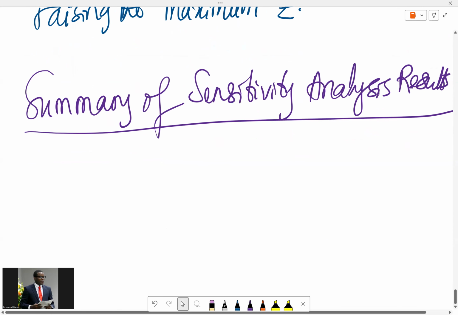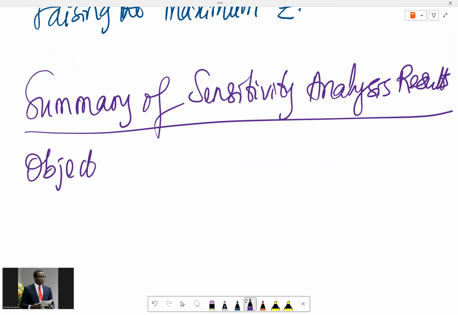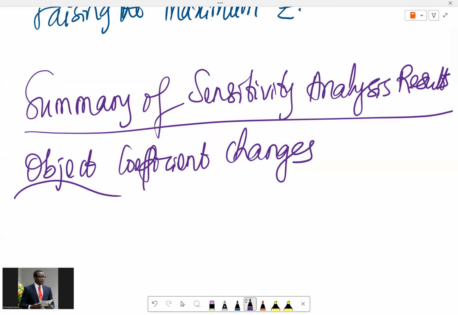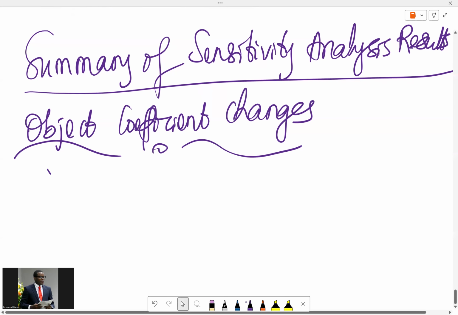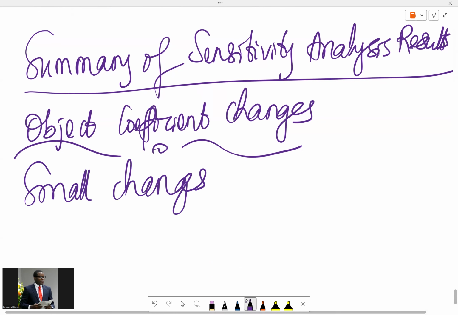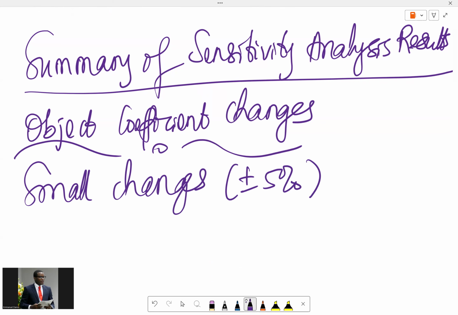So here, talking about objective coefficient changes, how does it affect anything? We see that small changes of plus or minus 5% in the objective coefficients do not alter the optimal weights W1, W2, and W3. Plus is increasing by 5%, minus is decreasing by 5%.